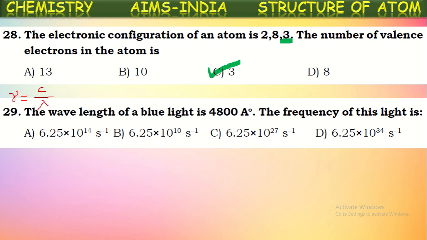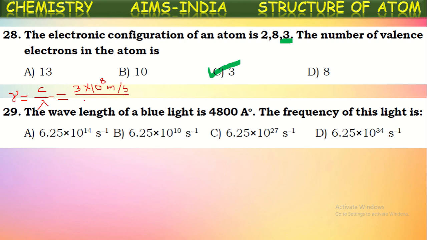Isn't it? They're asking to calculate frequency. They have given the wavelength lambda. If you substitute these values, here c is a constant whose value is equal to the velocity of light. Velocity of light is equal to 3 into 10 to the power of 8 meters per second. Isn't it?